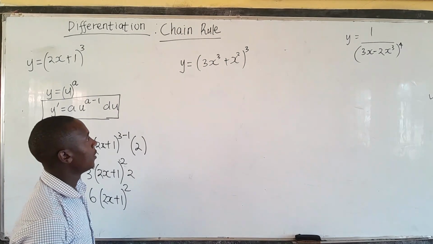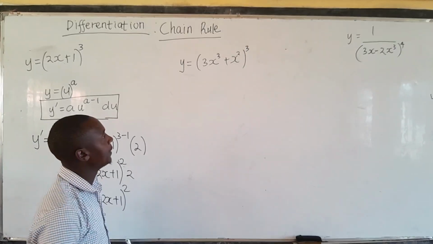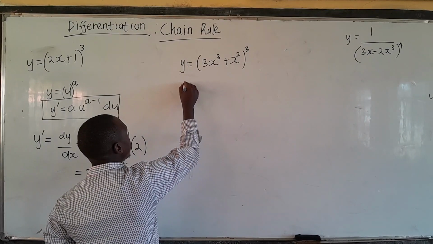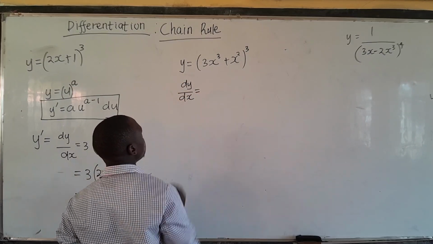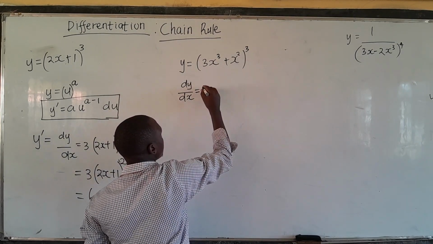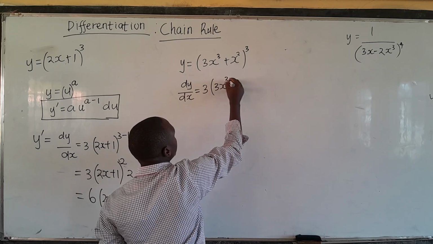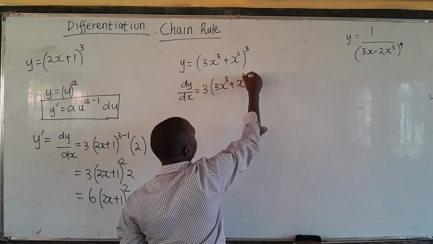So let us get into the second example, which looks kind of complicated, but is going to be very easy. Look at this. So the dy dx of our function is going to be equal to, so we take the power multiplied by the function, that is 3 into (3x cubed plus x squared).